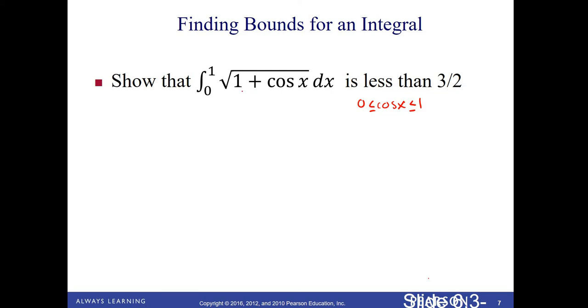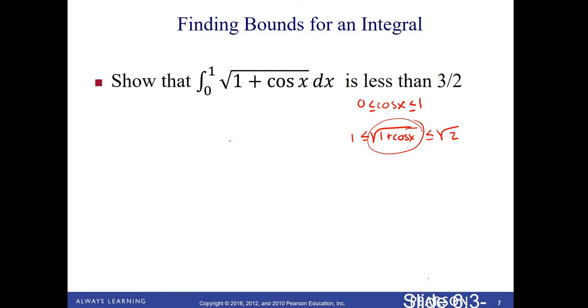So if I plug in my minimum value, the minimum value for the square root of 1 plus cos x, if I plug in 0 for the cos of x, would be 1. So I know this has to be greater than or equal to 1. And if I put in 1 for cosine of x, which is the biggest value I can have for this, I know this has to be less than or equal to the root 2. So I know that the value of this integrand has to be between 1 and root 2.